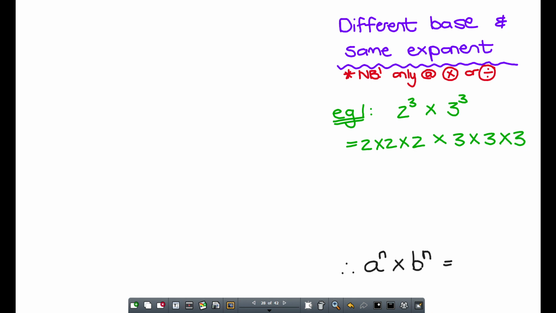Okay, so what I'm going to do now is I'm going to use exactly that, but I'm going to group them a bit differently. I'm going to shuffle the numbers around. So instead of saying 2 times 2 times 2, I'm first going to say, let's take a 2 and I multiply it with one of the 3s.